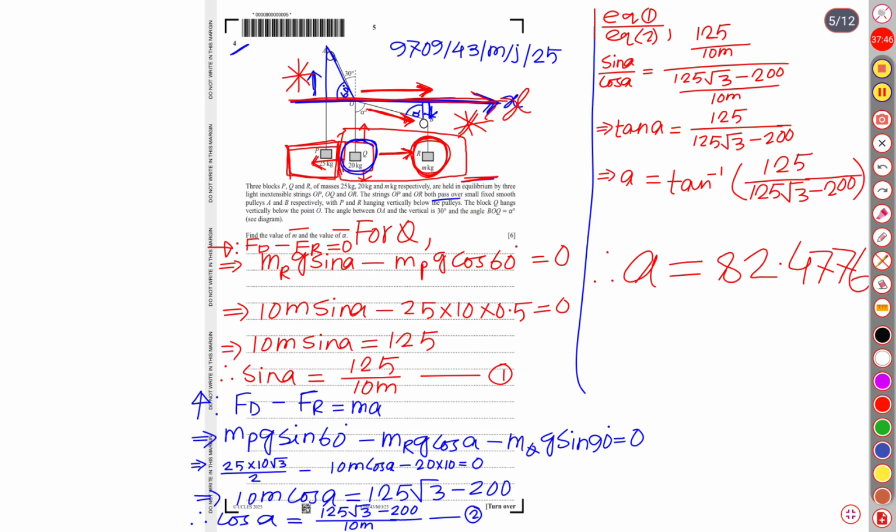If we round it up to three significant figures, our alpha is going to be 82.5 degrees. This is the value of the angle alpha.